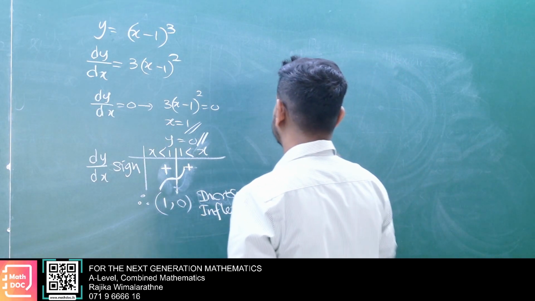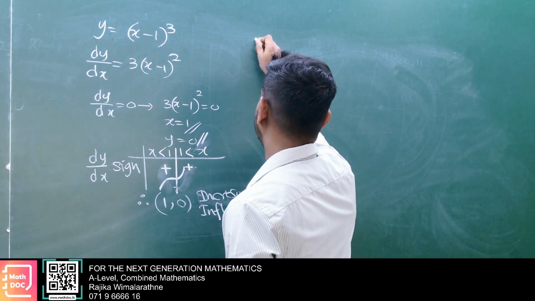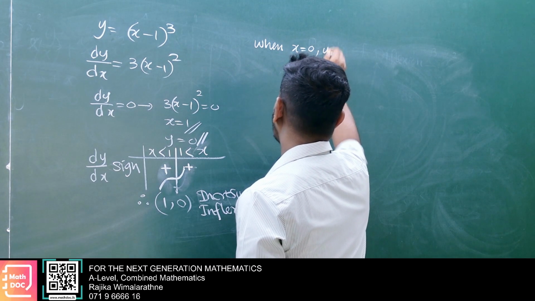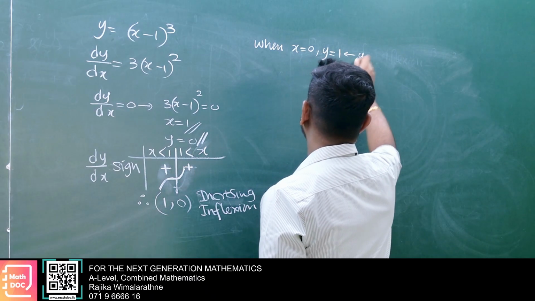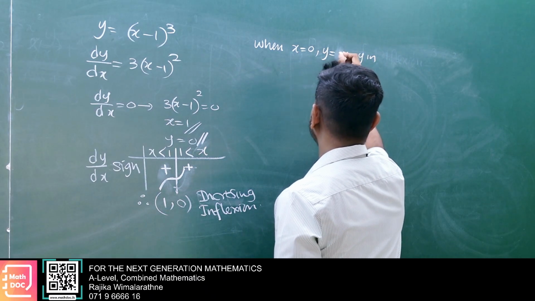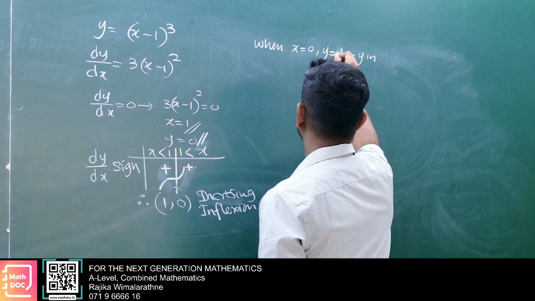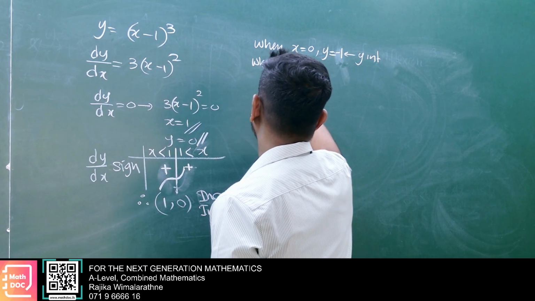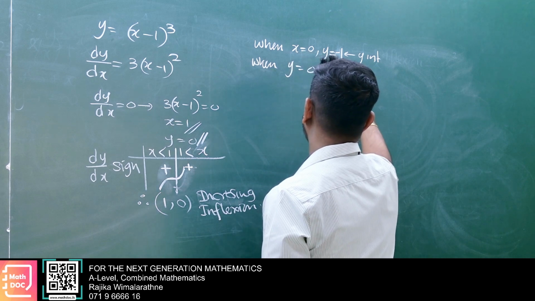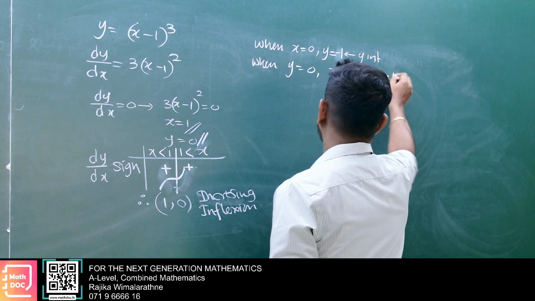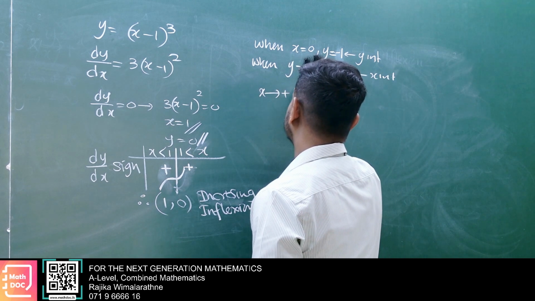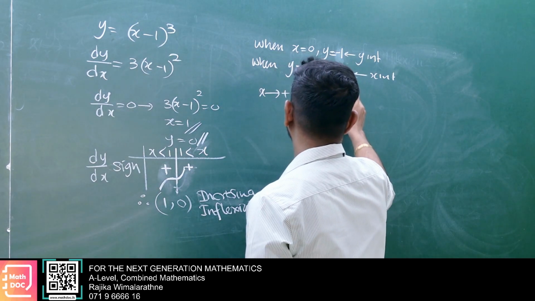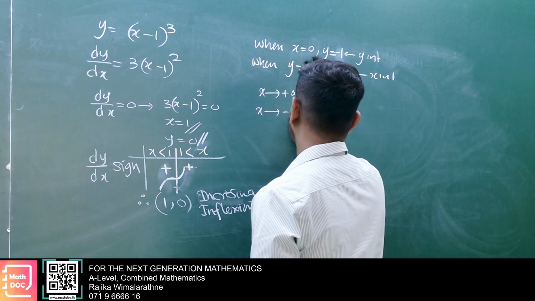Now we can sketch the graph. Before that, when x equals 0, y is minus 1, the y-intercept. When y equals 0, x equals 1, the x-intercept. As x goes to plus infinity, y goes to plus infinity.